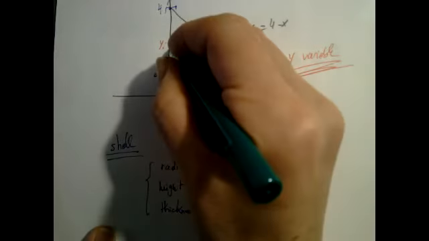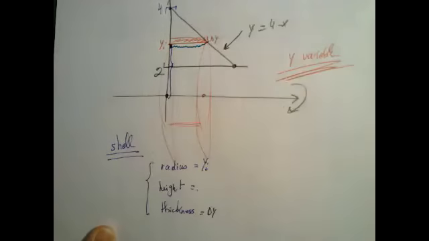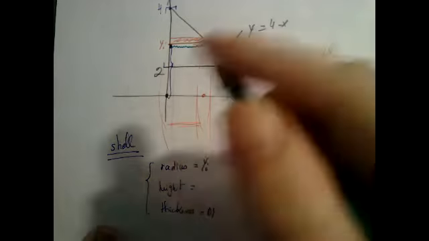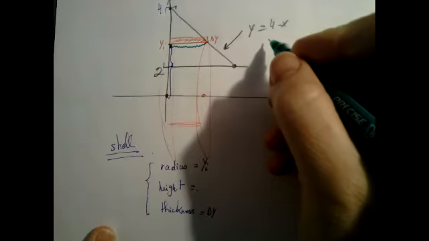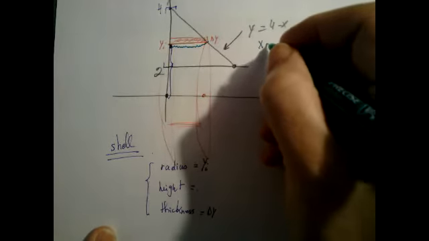What is the height in this problem? Because on the picture, that's the height. It's the length of the rectangle. So give me the height quickly. 4 minus y. I think you're right. Yeah, we have to solve for x.